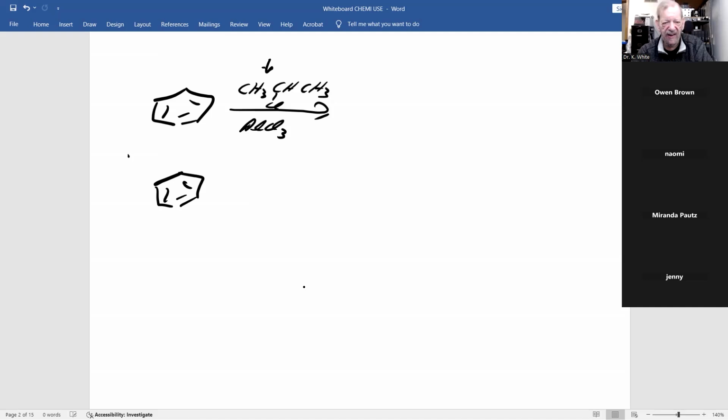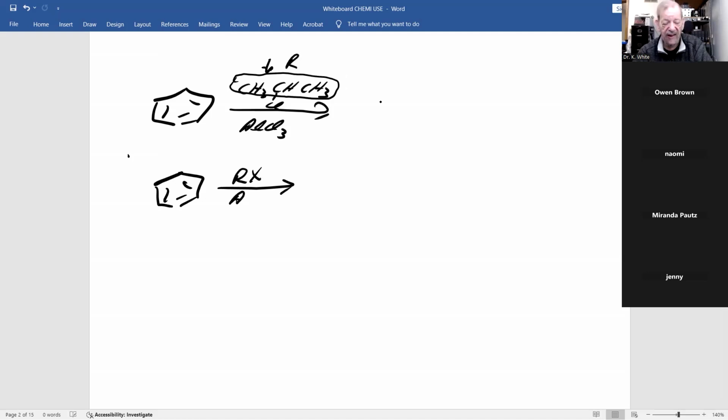Then here we have a carbon with a chlorine, a halogen, so this would be our X, and this is my R group.